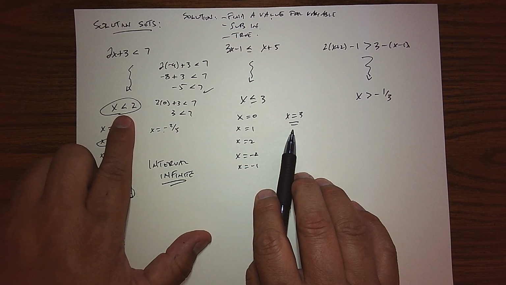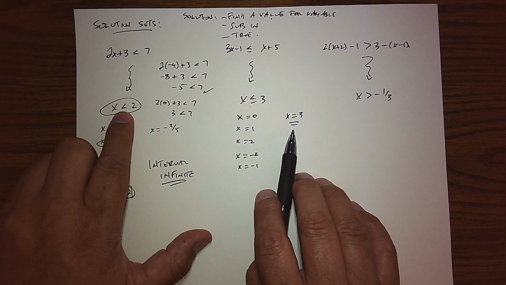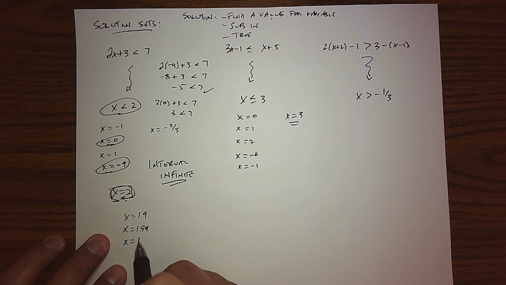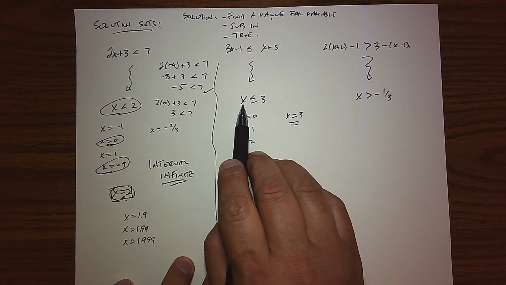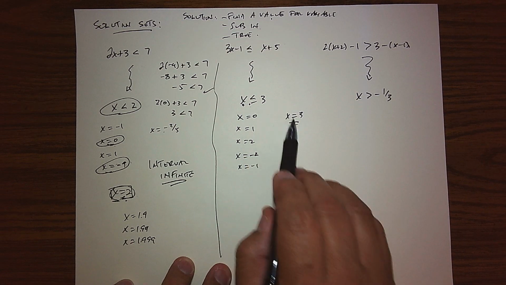That's slightly different than what happened over here. In this case, we call this a strict inequality. The x's have to be strictly less than 2. So maybe x is 1.9, or 1.99, or 1.999, but it can never actually equal 2. But in this inequality, you can be 2.9, 2.99, 2.999, and you can actually be equal to 3.